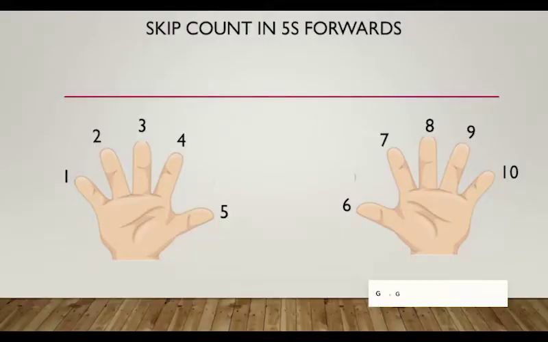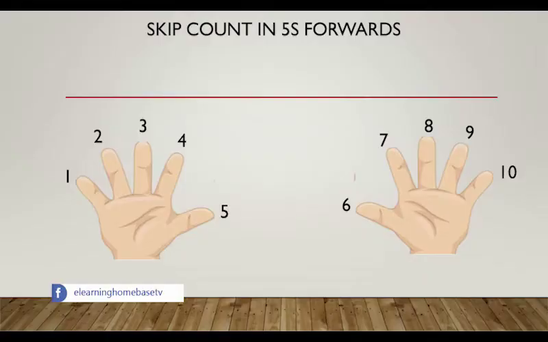Now, we are going to skip count in fives forwards. Hope you will be okay with it and you will get it right this time as well. Now, using our hands and our fingers again, counting in 5, you could see that we have 2 hands, and on each hand, we have 5 fingers.